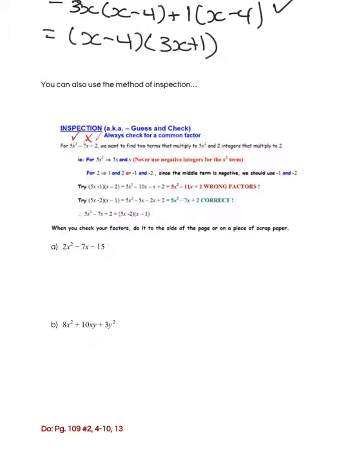Okay, so again, my product here is going to be 2 times negative 15. This is my product. It's going to be negative 30. My sum is negative 7, so I need two things that are going to multiply to negative 30 and add to negative 7.